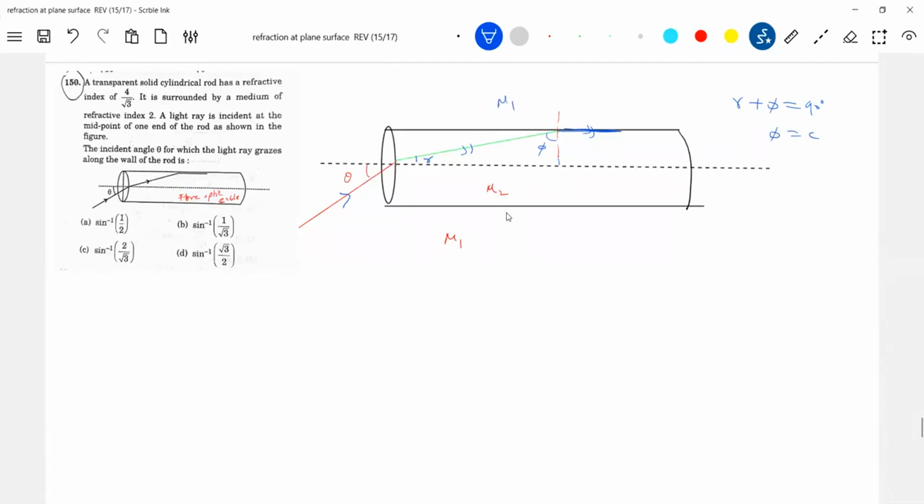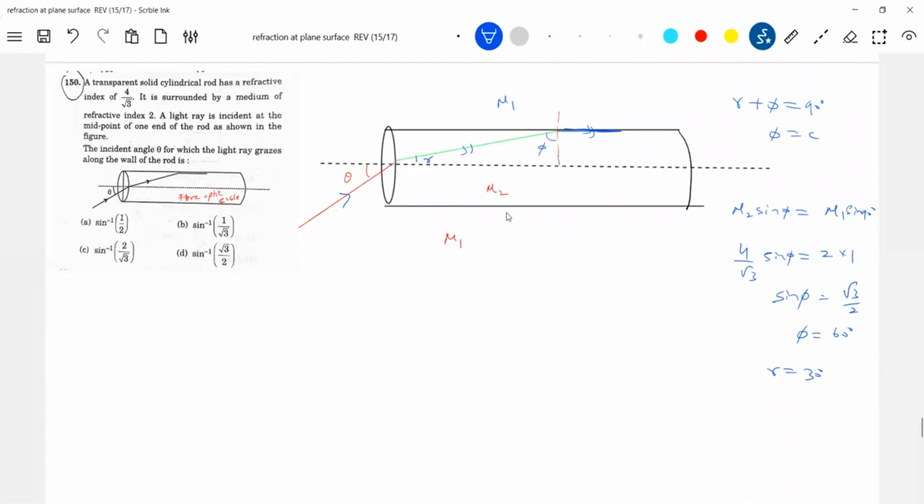What is the basic Snell's law of refraction we apply here? mu2 sine phi equals mu1 sine 90 degrees. mu2 is 4 by root 3 and mu1 is 2, so sine phi is equal to root 3 by 2. So this angle is 60 degrees, and then r will be 30 degrees.